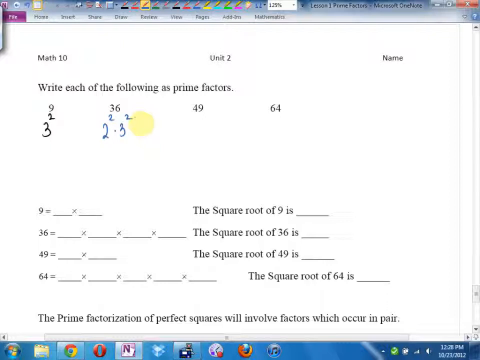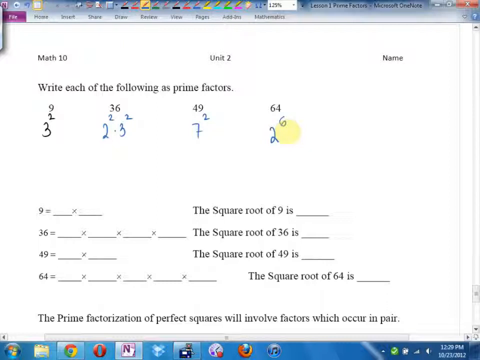Can you see a bit of a pattern for perfect squares if you know their prime factorization? Hey, let's keep going. 49 is what? 7 squared. Now, I know 64 is 8 squared, but 8's not prime. 64 is, I'll give you a hint, 2 to the something. Ooh.